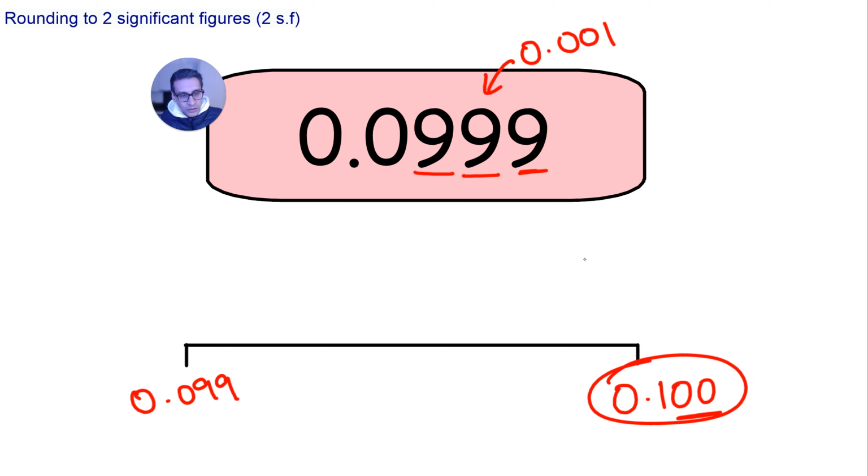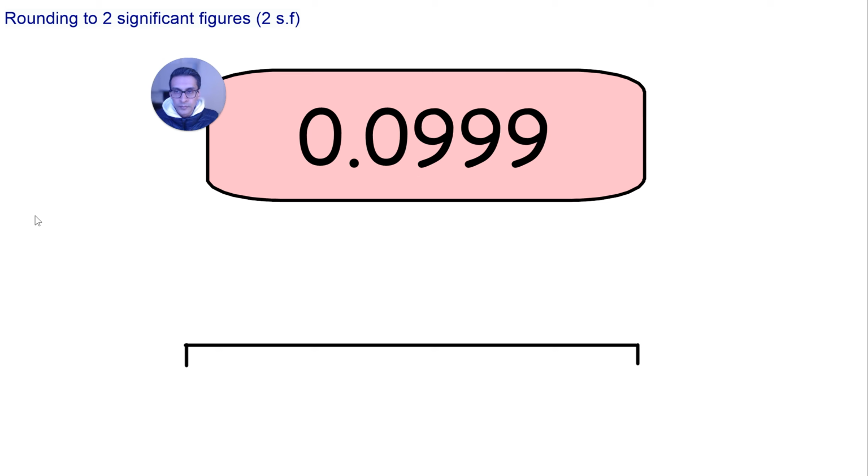However, we want 2 significant figures in our answer. So this is going to be 0.10, and we don't write the other 0 here, but we do have to write this 0 in particular. So 0.10 is going to be your answer here. Go back to this, try that again.